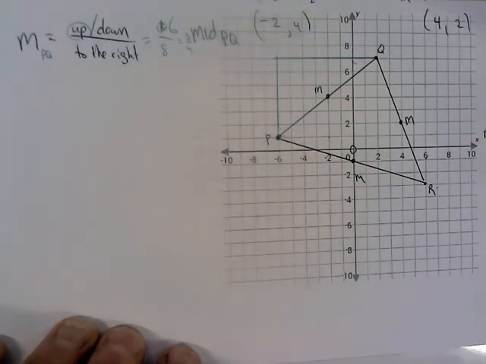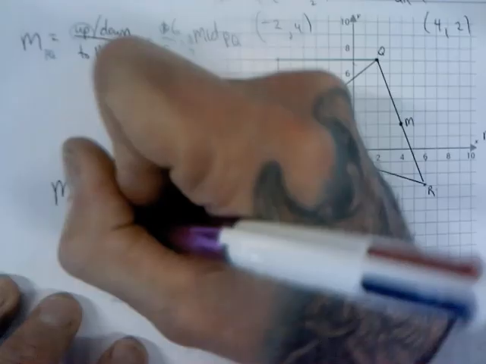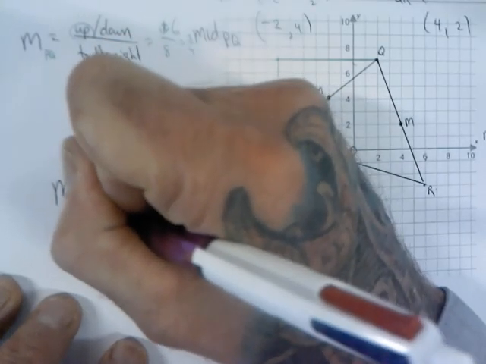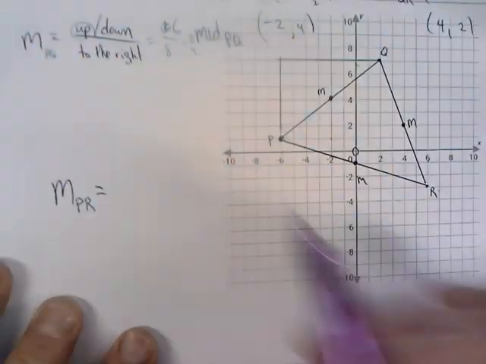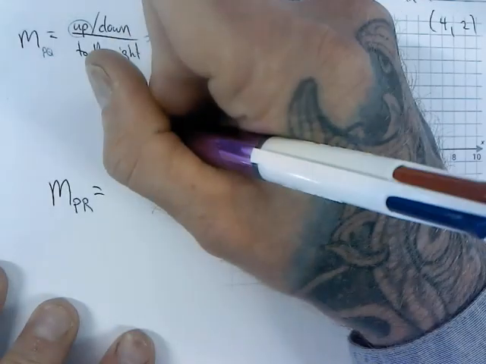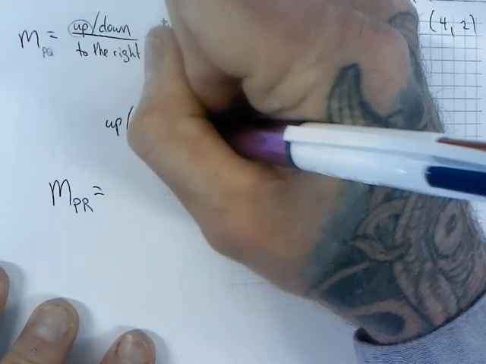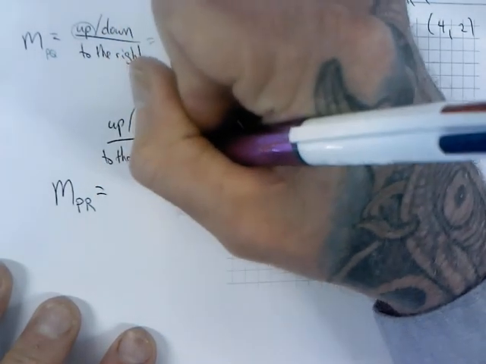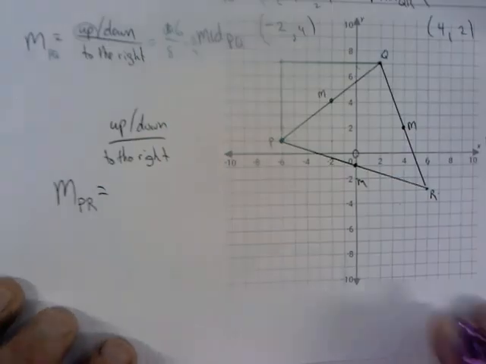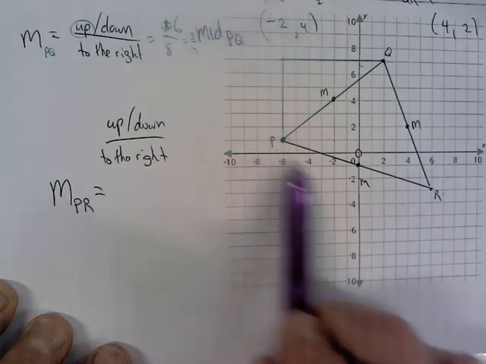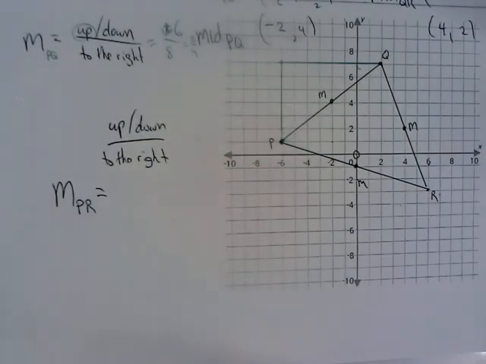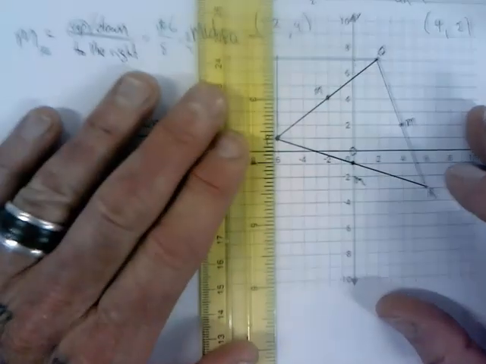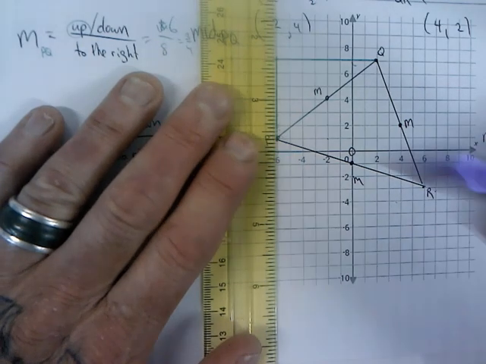For our next and final one, let's look at the gradient M from P to R. P to R. That will again be how much up or down divided by how many to the right. So from P to R, I will draw in a little triangle to help my calculations.